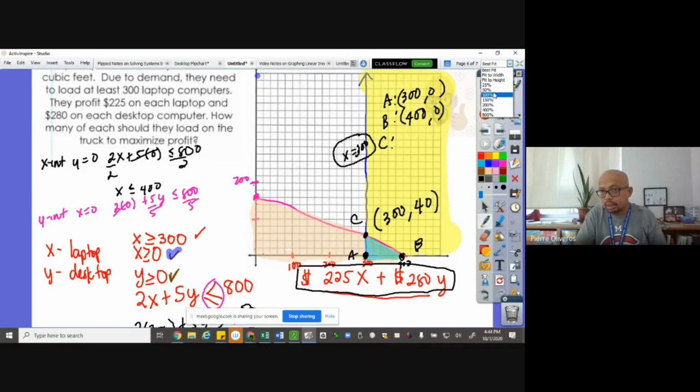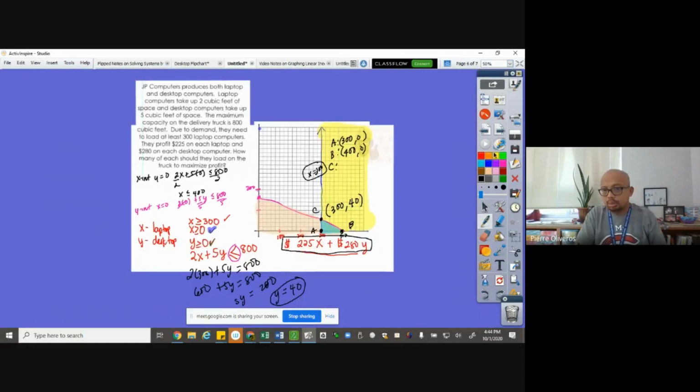Okay, I'm going to make a table again here. So let me put it right here on the side. So my A is 300 comma 0. My B is 400 comma 0. And my C here is 300 comma 40. So I'm going to plug that one into the formula.